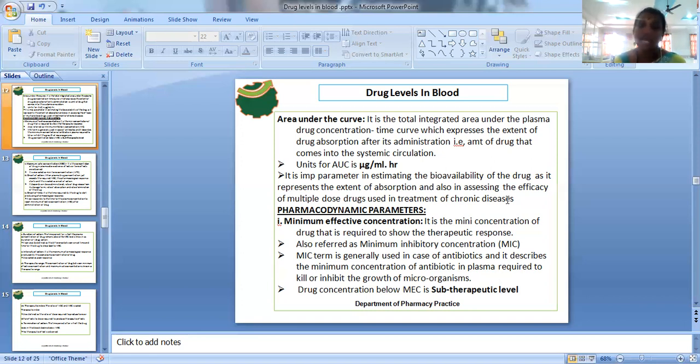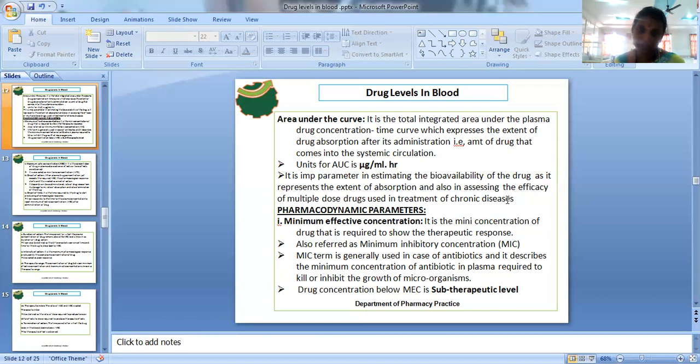The minimum concentration is such that, out of that 500 mg, the therapeutic response can be obtained even at 100 mg. That is the minimum concentration required to show the therapeutic response, and that concentration is considered the minimum effective concentration.